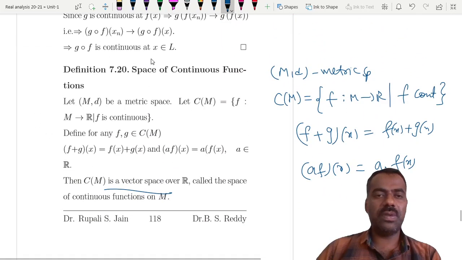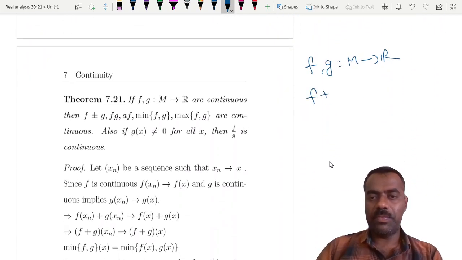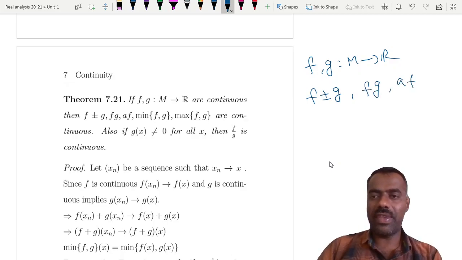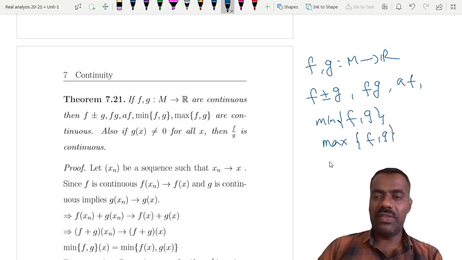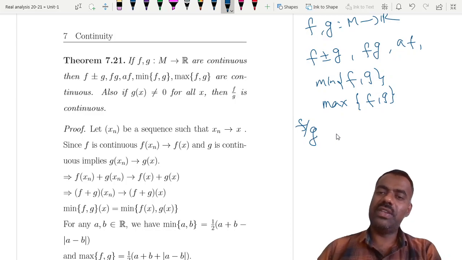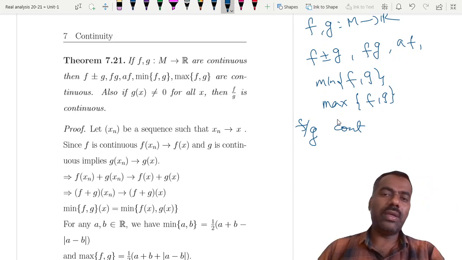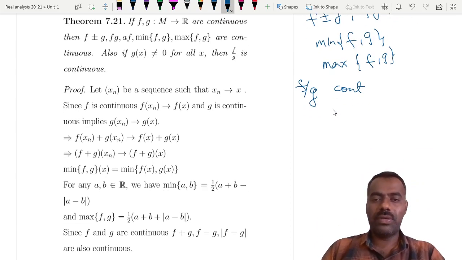If f and g are two continuous functions, just like an extension of the previous result, you can see that f plus g, f minus g, f times g, a times f for scalar a, the minimum of these two continuous functions, then the maximum, all these things are continuous. And if g is non-zero, then f upon g, whenever f upon g is defined, is continuous. And how do we prove it? Again with the help of convergence, that means xn converges to x.